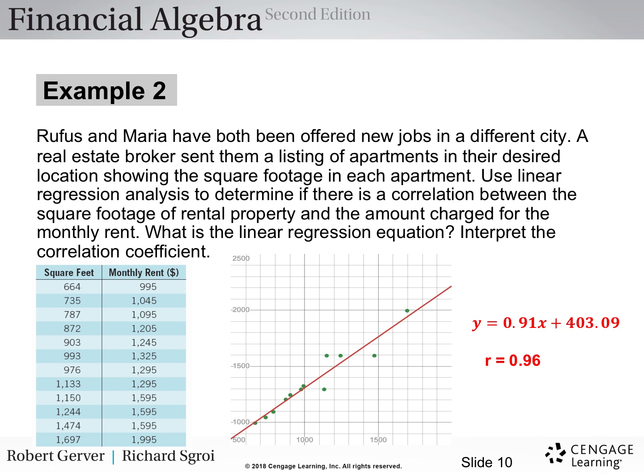Well, the fact that r is almost equal to 1 indicates that there is a very strong correlation here, and that this linear regression is a very good estimate as to the ratio of the square footage to the apartment monthly rent.